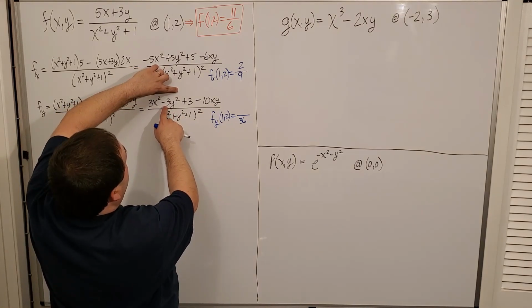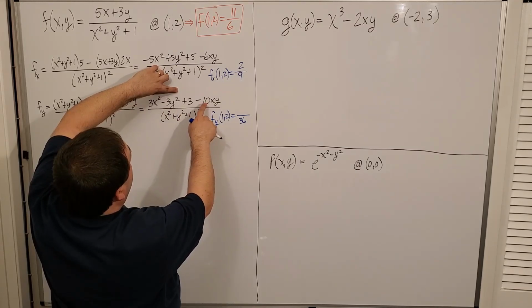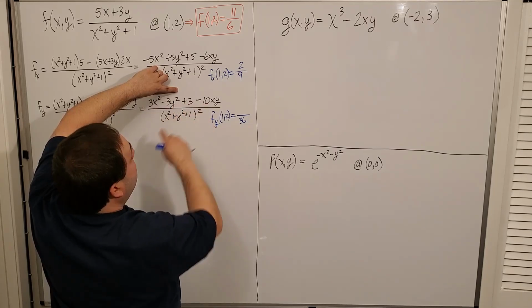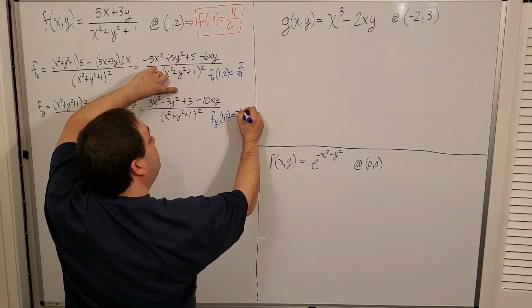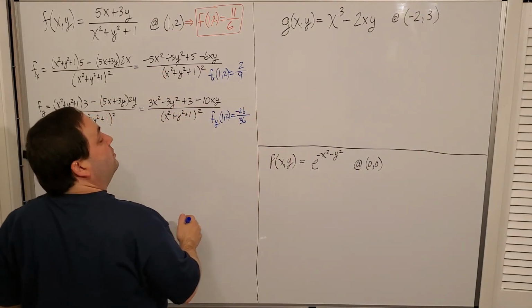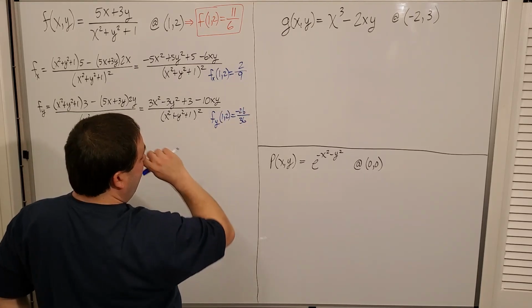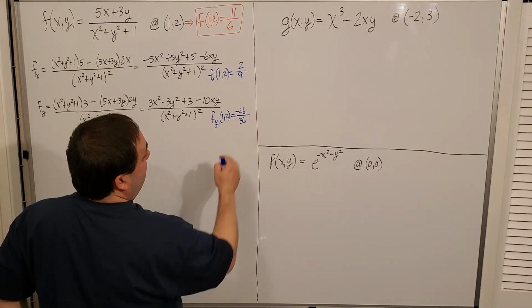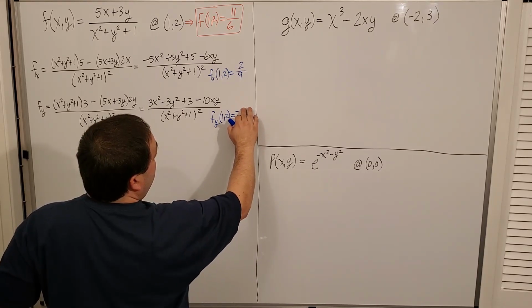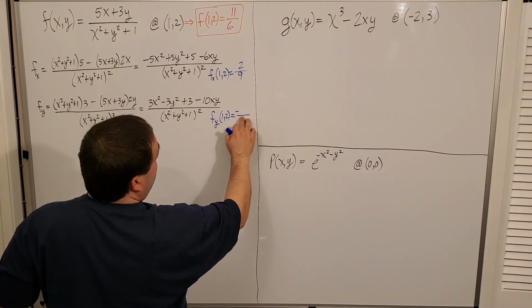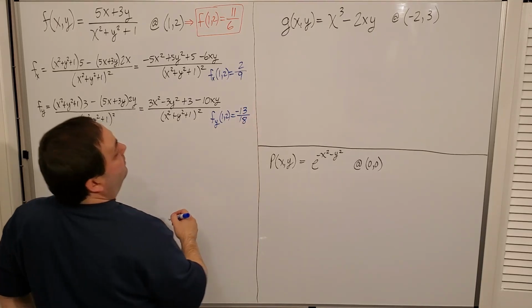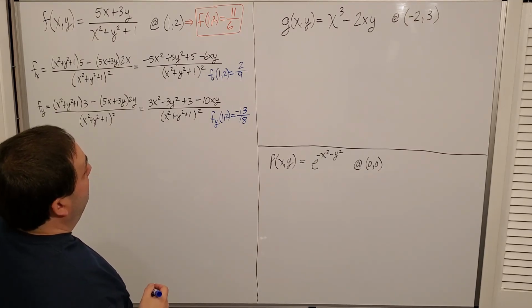So double check. -12. Yep, plus 6. -6 minus 20 is -26. And of course, I can reduce that one at least by 2. So I'll have 13 over 18, right?